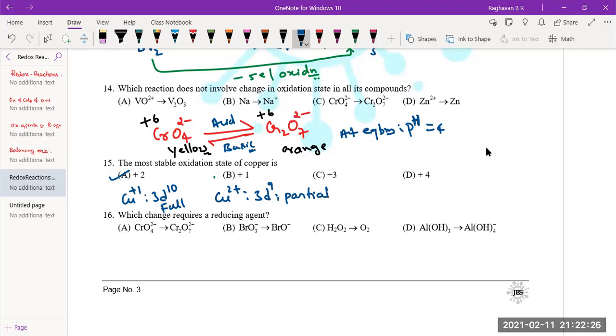What is the reason? One important thing is that, sir, reduction potential is higher for +1, I think, sir. Rather than that, it is high hydration energy which stabilizes.